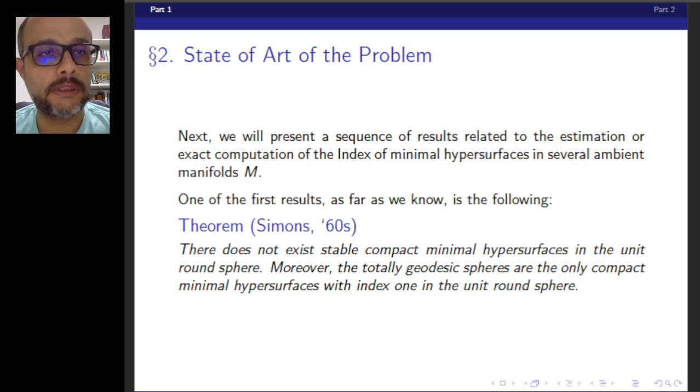Moreover, the totally geodesic spheres are the only compact minimal hypersurfaces with index 1 in the unit round sphere. So he was able to characterize the hypersurfaces in terms of their index.